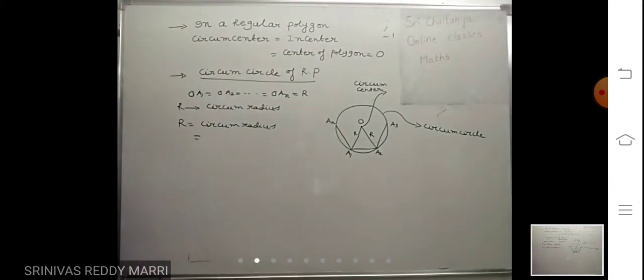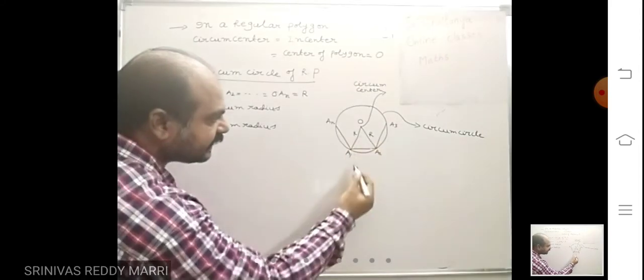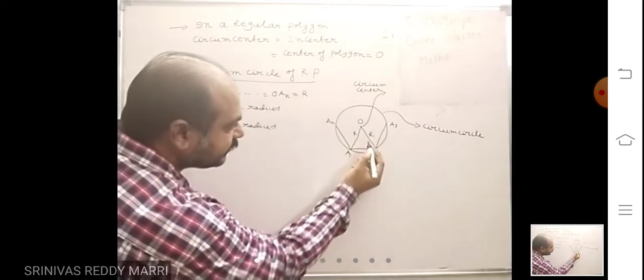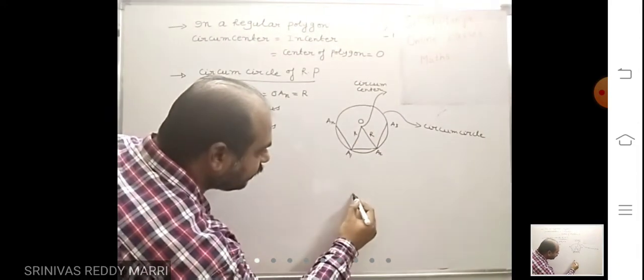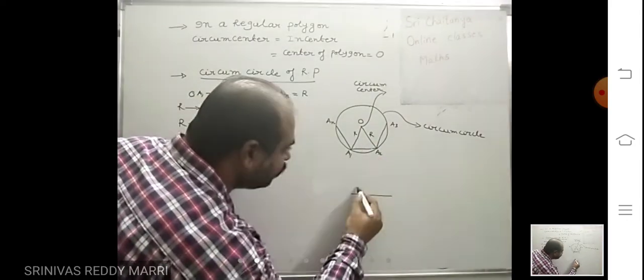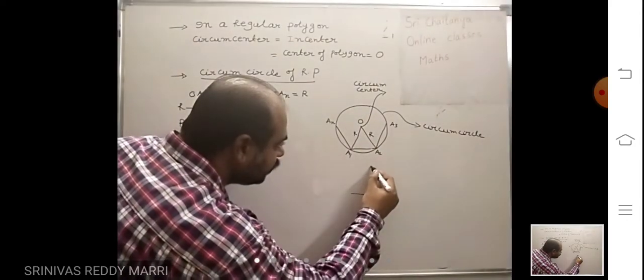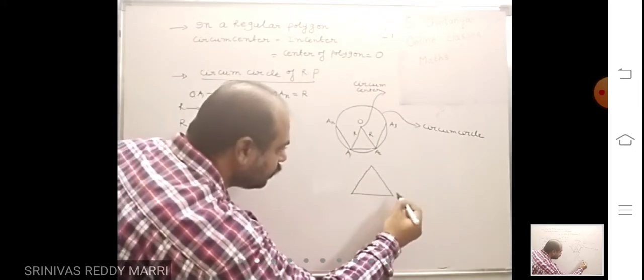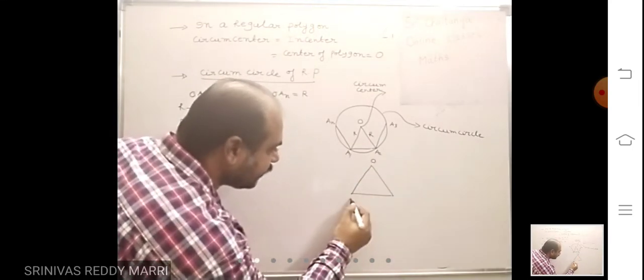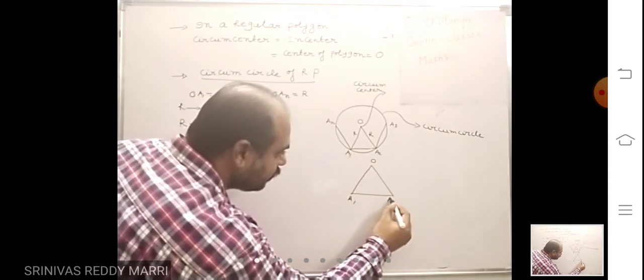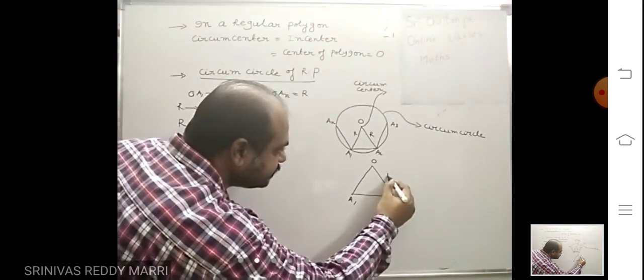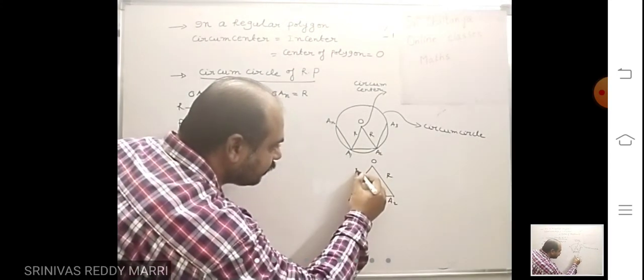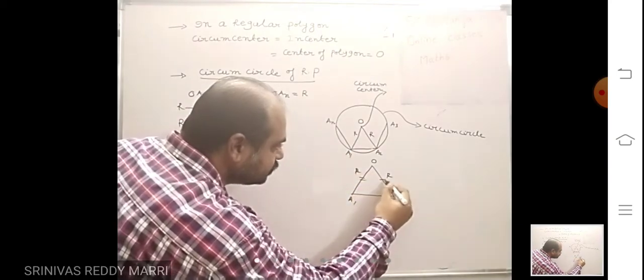How to calculate the formula? Look at this triangle you take, OA1A2. This is an isosceles triangle, because this is R and this is R, so these two sides are equal.